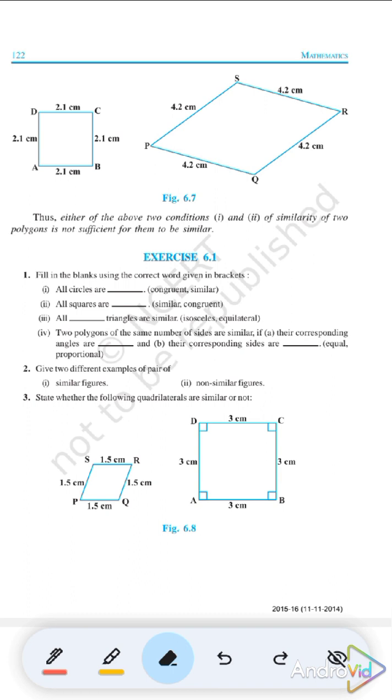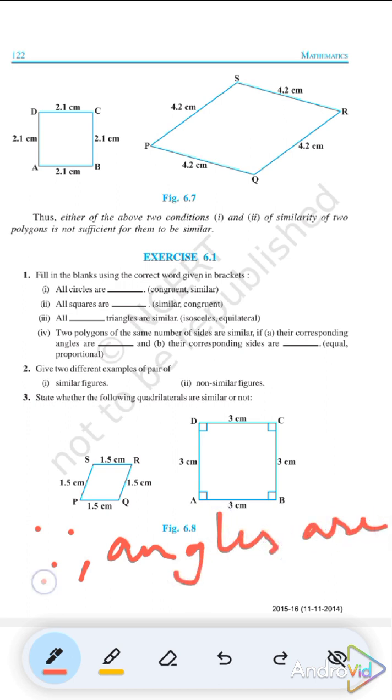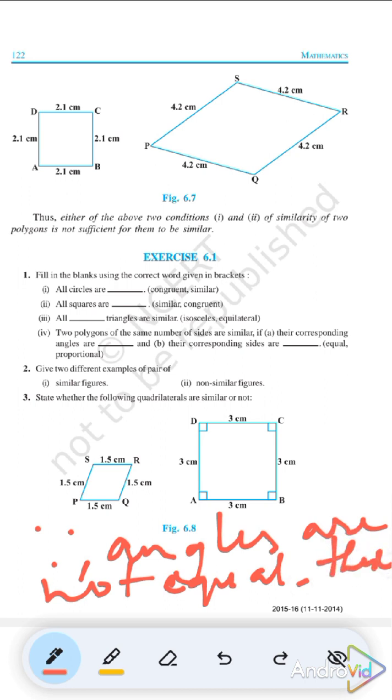So we can write that since angles are not equal, these are not similar, right?